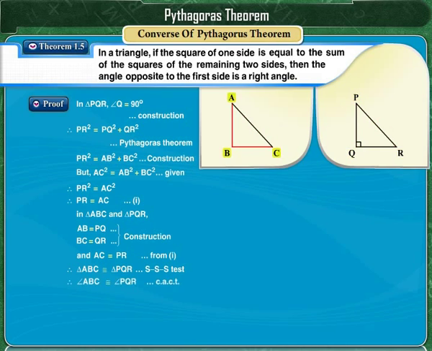Therefore, angle ABC is congruent to angle PQR, corresponding angles of congruent triangles. But angle PQR is 90 degrees by construction. Therefore, angle ABC is equal to 90 degrees. That is, triangle ABC is a right-angled triangle.